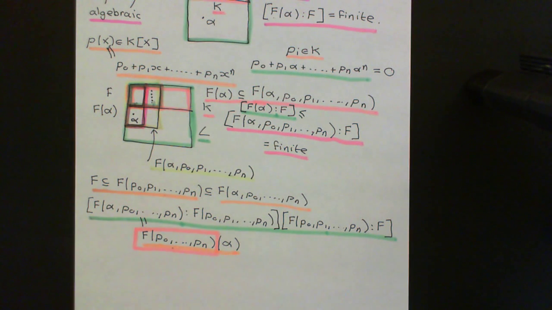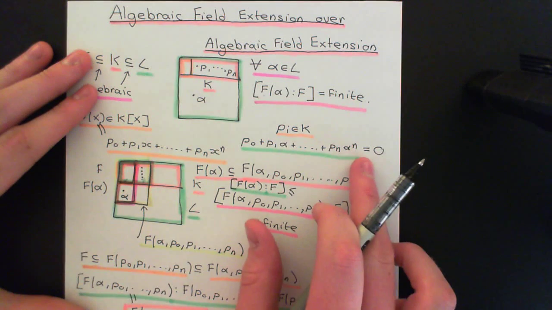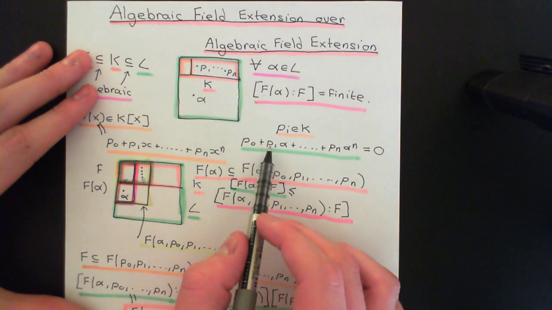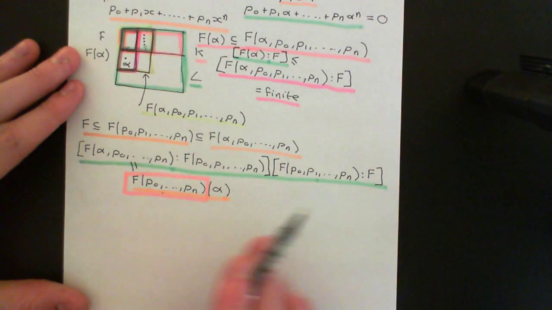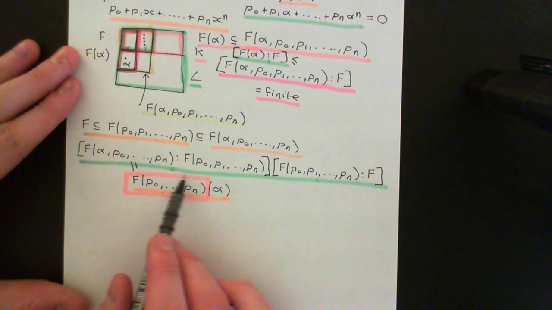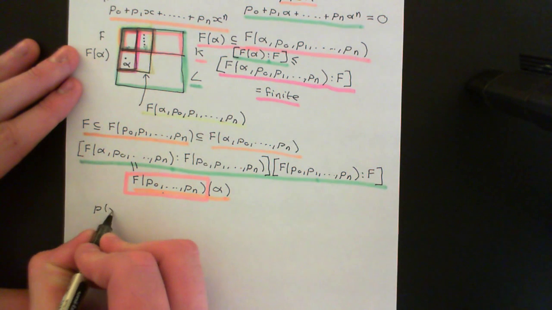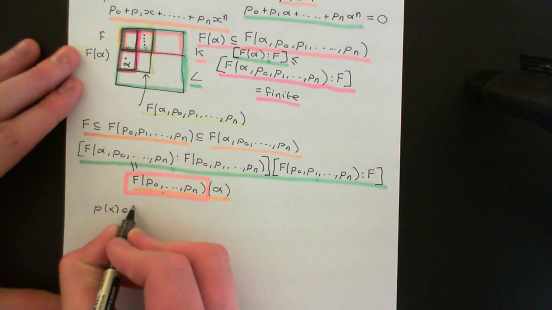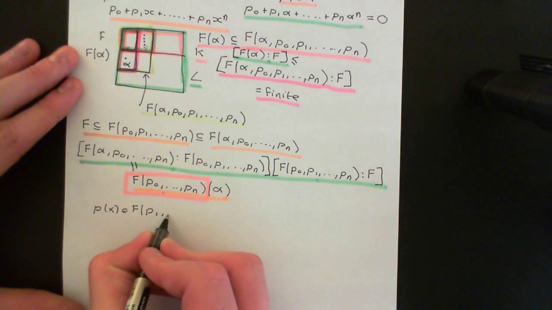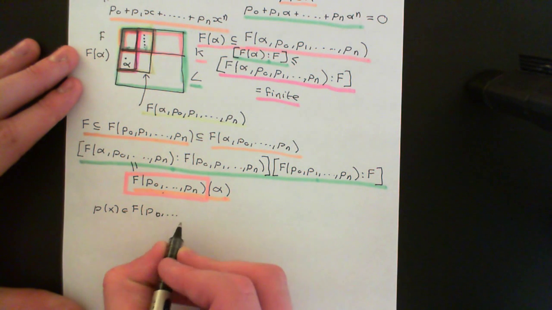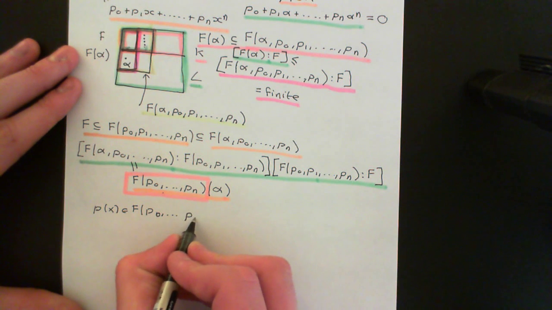Well, I know that alpha satisfies a certain polynomial. Alpha satisfies this polynomial. The coefficients of this polynomial are p0, p1, all the way up to pn. Those are all elements of this field extension of F here. Okay, so basically this polynomial p of x is certainly going to be an element of the ring of polynomials over this field, which is the field extension of F generated by p0, p1, all the way up to pn.